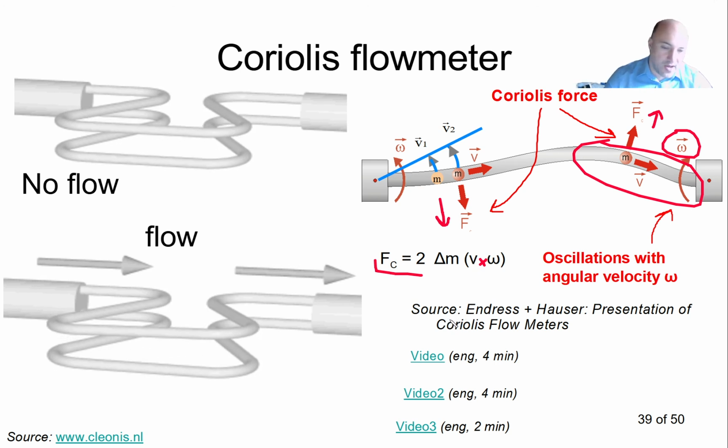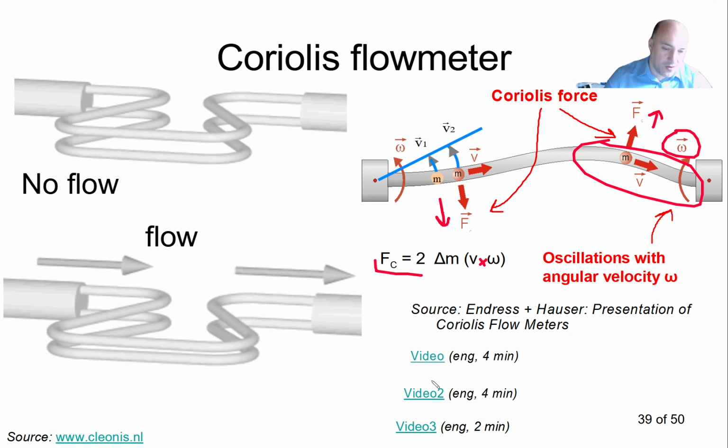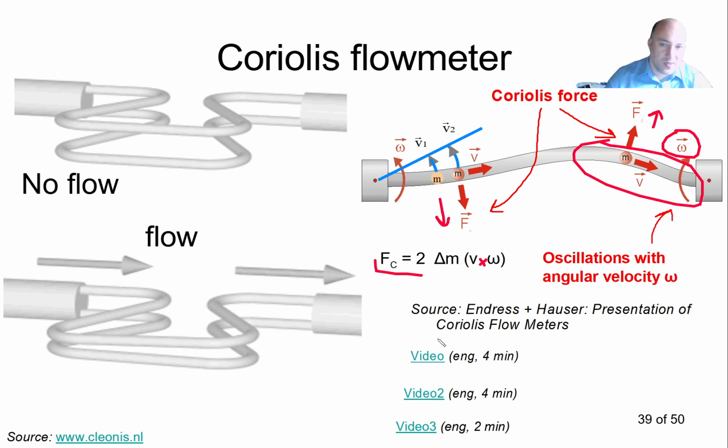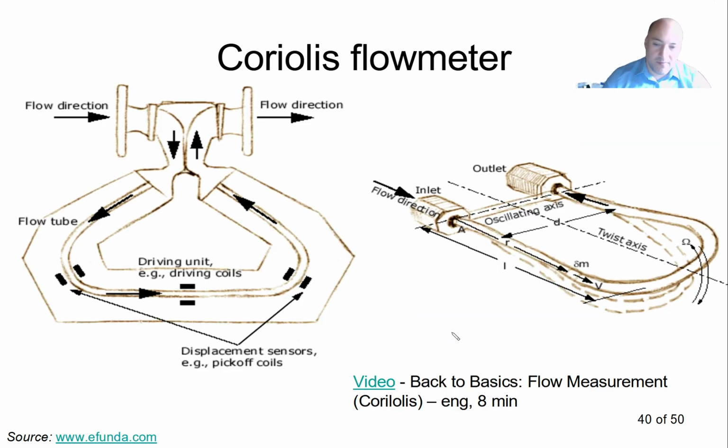Again, there is a very nice video in those links, so I highly recommend you take a look at that. So what we are actually measuring is the displacement of my tube. If we look from the upwards direction on the Coriolis flow meter, we see something like this.